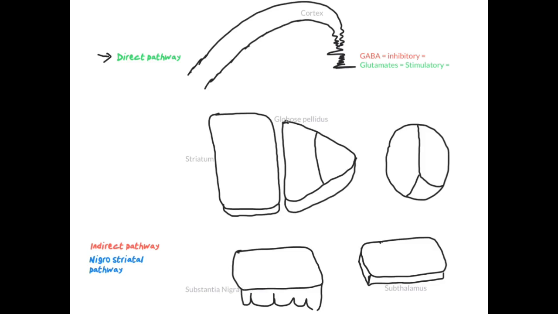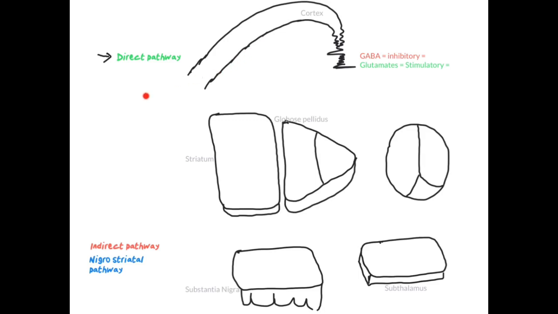These are your basal ganglia's nuclei, and there is one more structure here, which is the thalamus. The thalamus is not part of the basal ganglia, but it's a very important structure, so we have to include it to learn about the direct pathway. So we need the thalamus and the cortex as well.